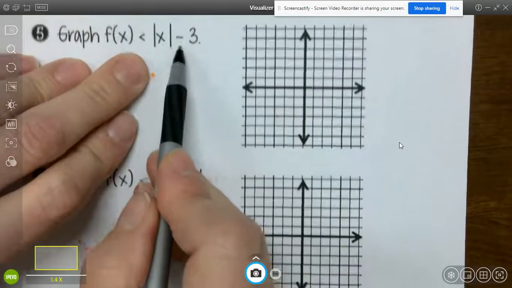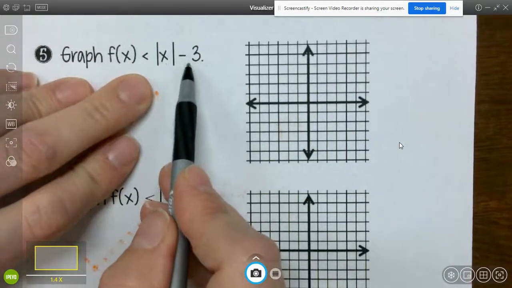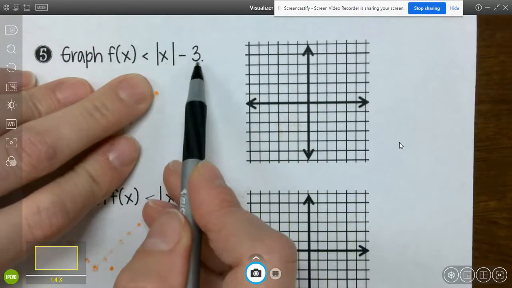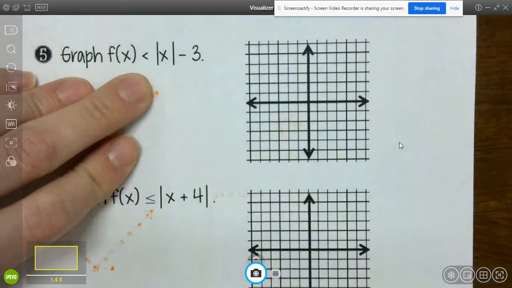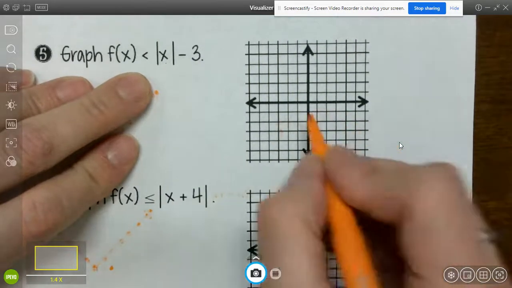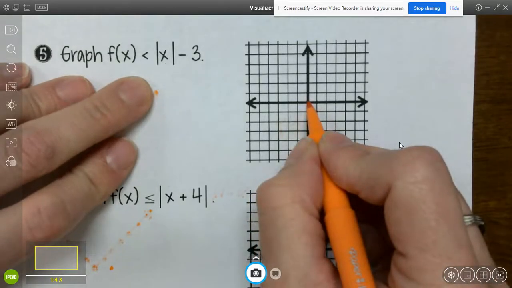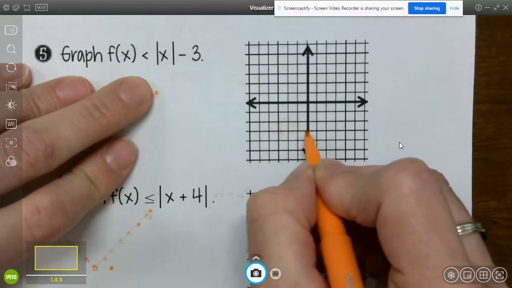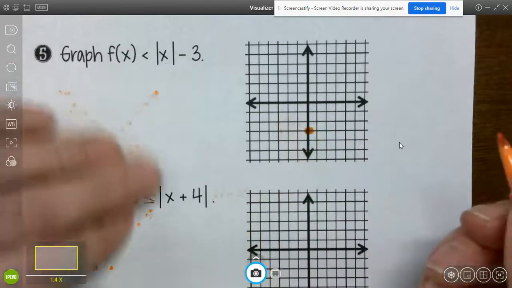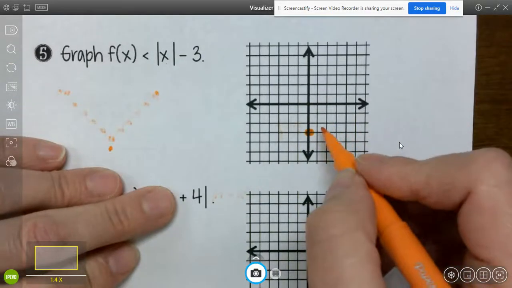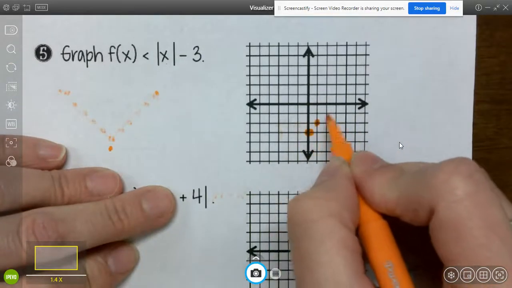So let's go over here. Absolute value of x minus 3. Now remember that minus 3 on the outside means that it moves it down 3 units. Okay? Moves it down 3 units. So if I take the point 0, 0 of the vertex and I move it down 3 units, that's here. Now it still has that same slope, up 1 over 1.